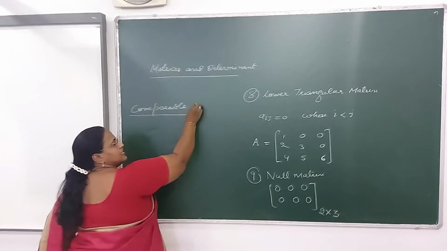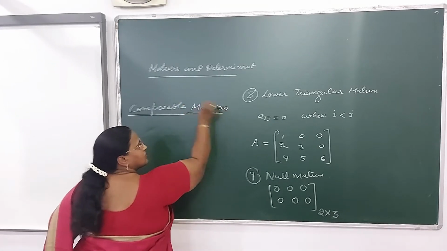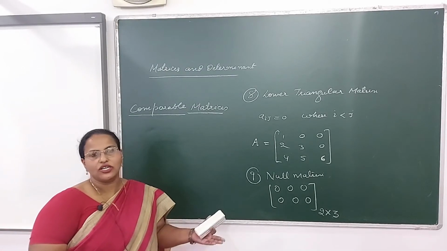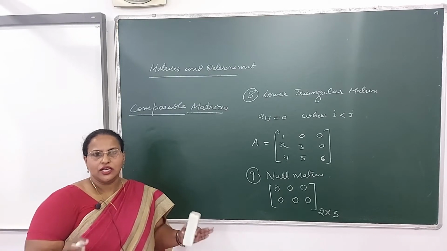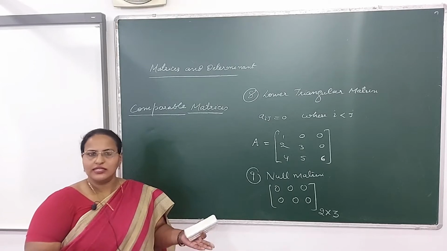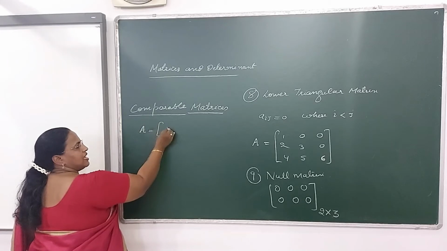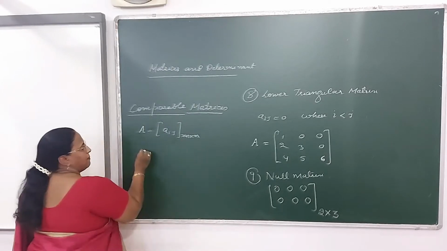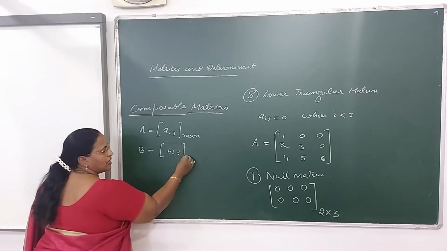Comparable matrices. Two matrices are said to be comparable if their orders are the same. The definition is very simple here. For example, let A be a matrix Aij of order m by n. B is another matrix Bij of order p by q.